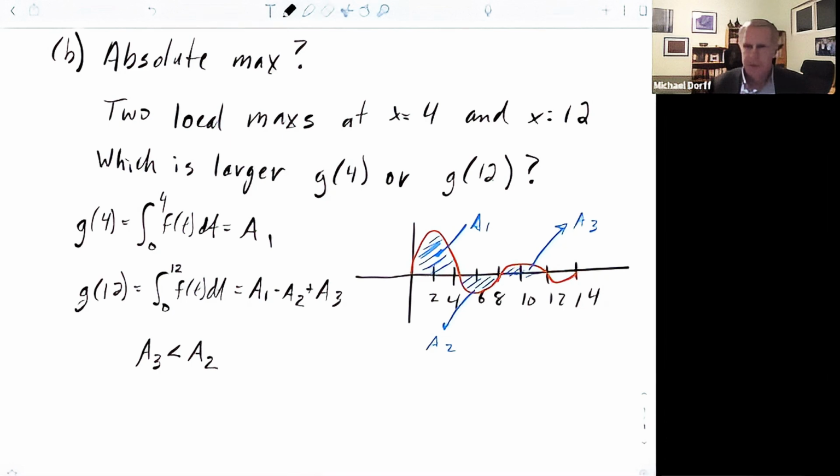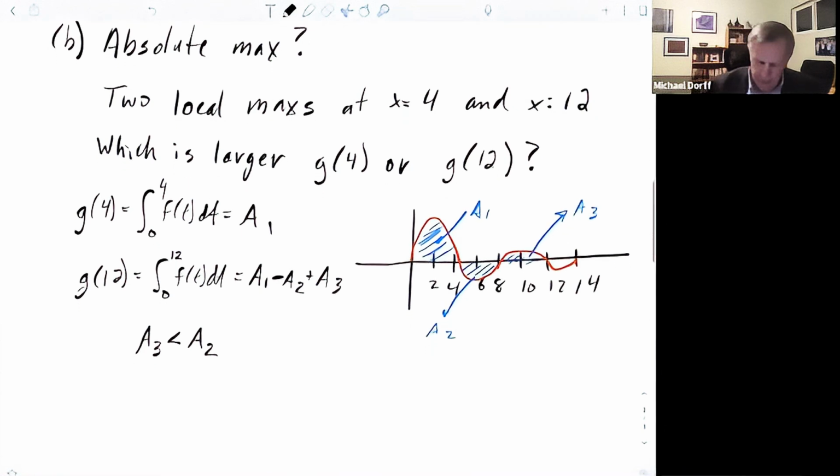And when we do the integral, we subtract the A2 because it's below the t-axis. That's why we have for g of 12, A1 minus A2 plus A3. So the total area for A3 is less than A2. Again, it's not so clear on the graph I drew here on the screen right now, but if you go to the very beginning, the original graph, you can see that A3 is less than A2.